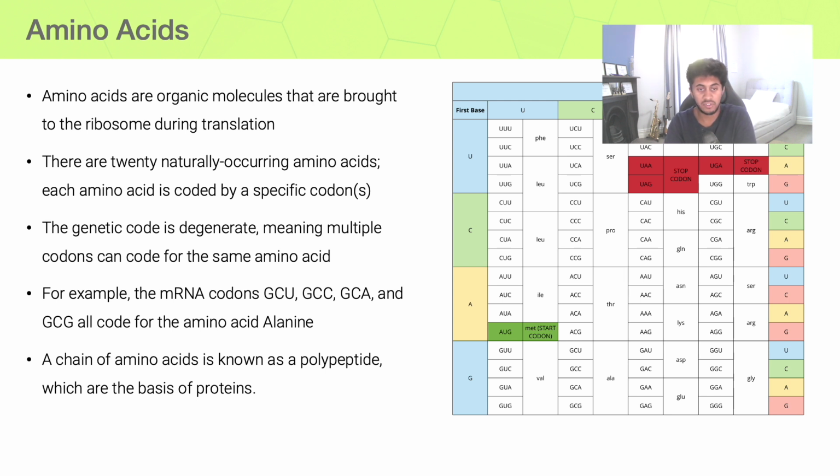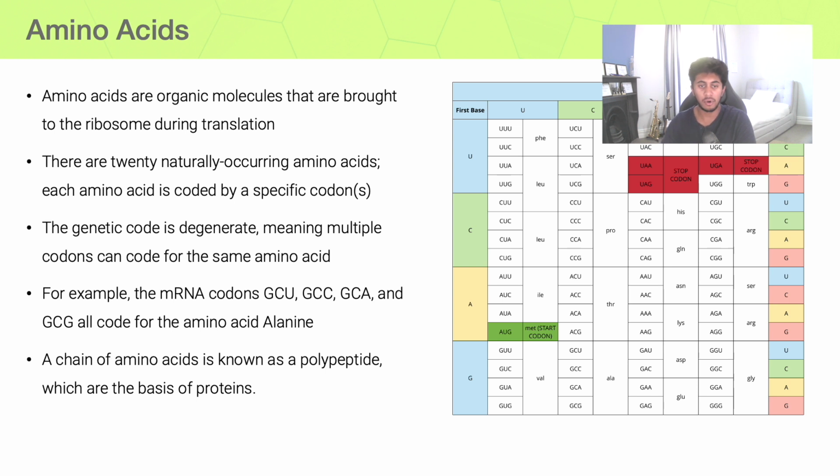The genetic code is degenerate, meaning multiple codons can code for the same amino acid. And this makes sense because if we look at how many amino acids there are, there's 20, and how many possible different combinations of codons there are, because remember, 3 bases. If we have 4 bases total and 3 can fit in a codon, that's 4 to the power of 3, which is 64.